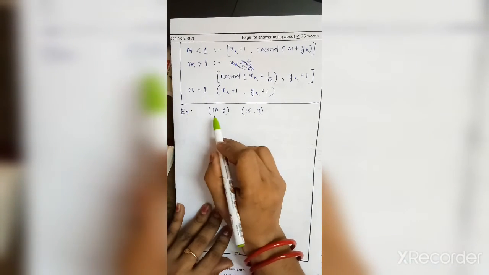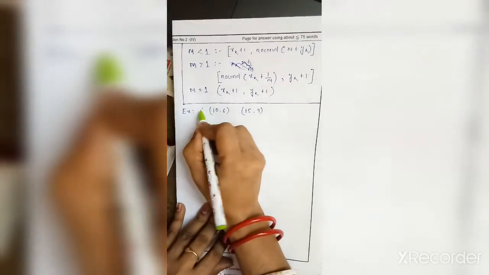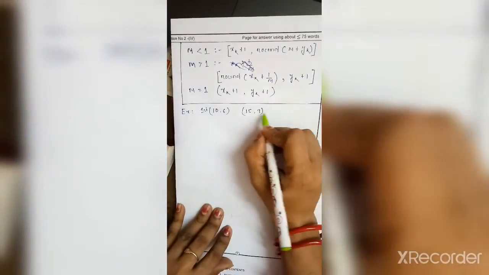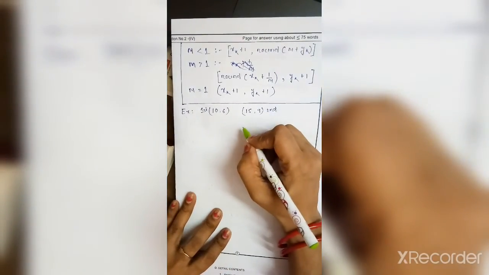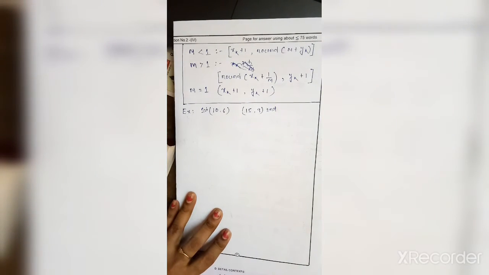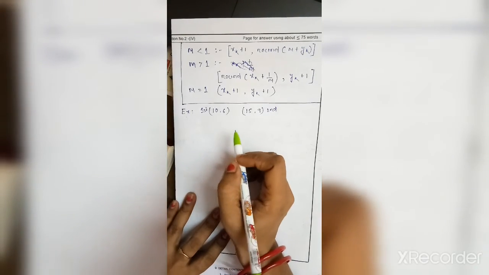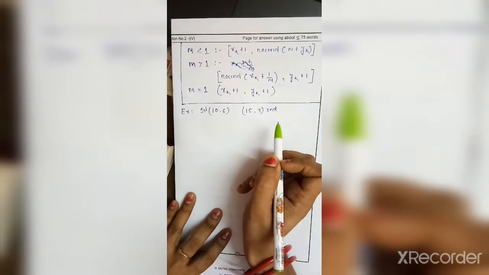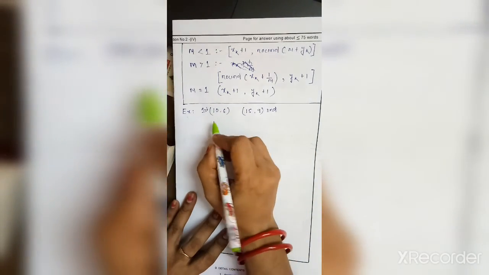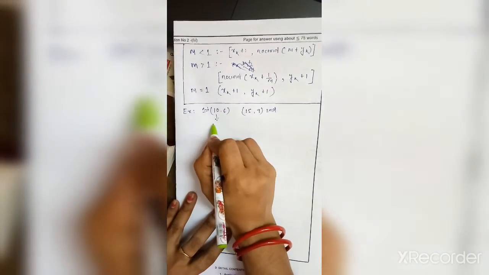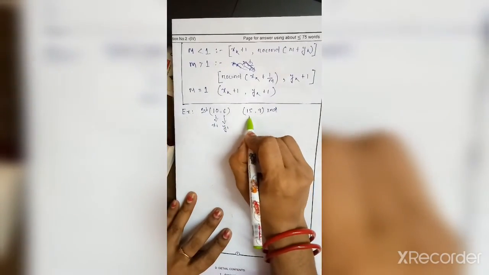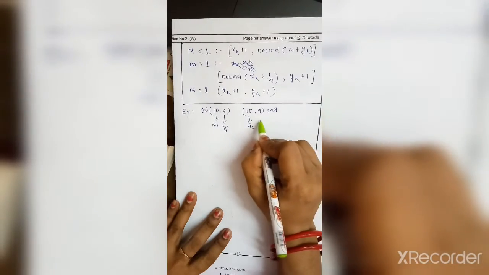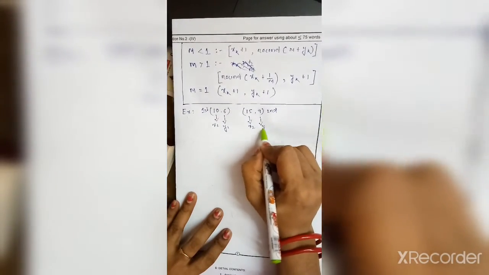This one is the first endpoint, this one is the second endpoint. That means this one is your x1, this one is your y1, this one is your x2, this one is your y2.